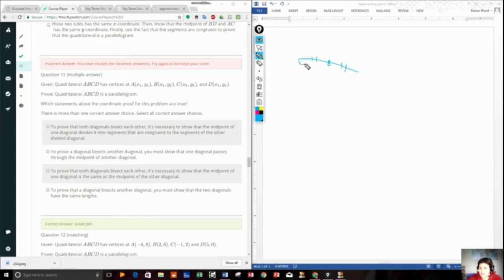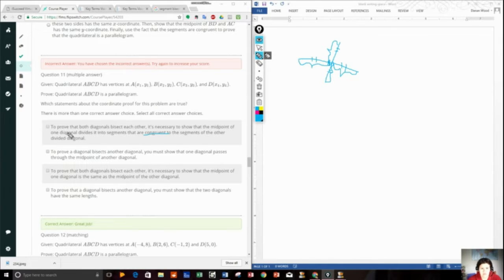So that is saying that this segment would have to be congruent to this segment, and this segment would have to be congruent to the second diagonal segment. Well, they don't necessarily have to be congruent to each other in order to be a parallelogram. They do for a square, but not a parallelogram.